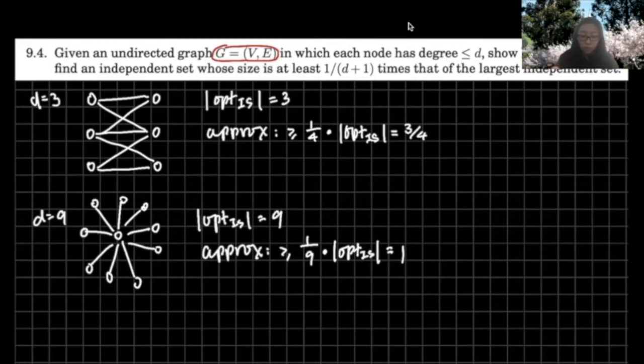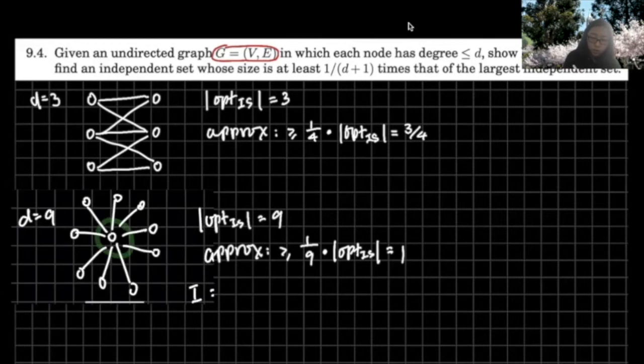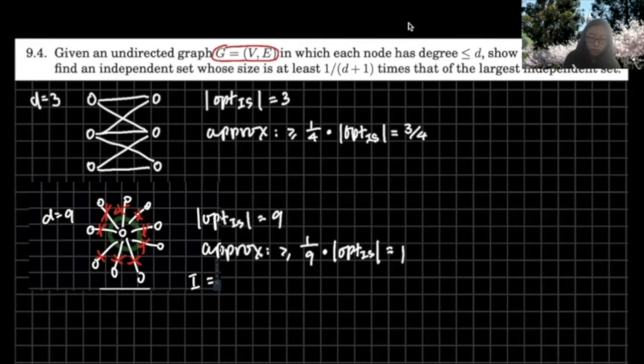Hopefully that doesn't happen. Or actually, here's an example where it does. In this case, it's still considered a sparse graph because it's like a tree, but this vertex is really annoying if we pick it, because if we have this vertex in our independent set, then we basically rule out all the possibilities of including the others.